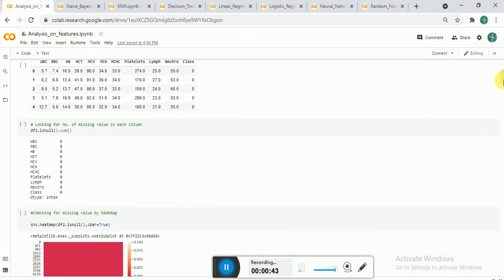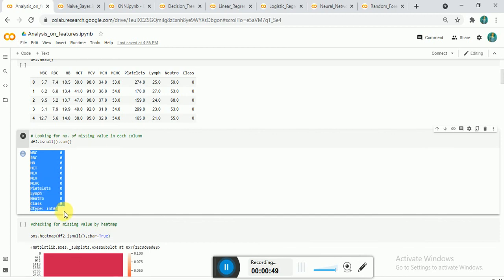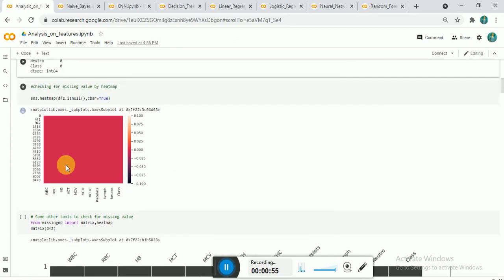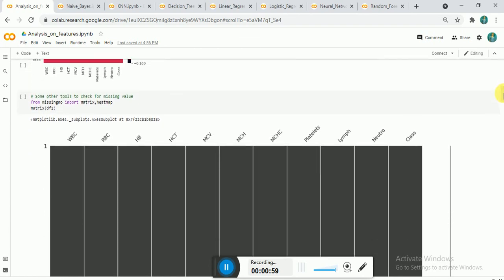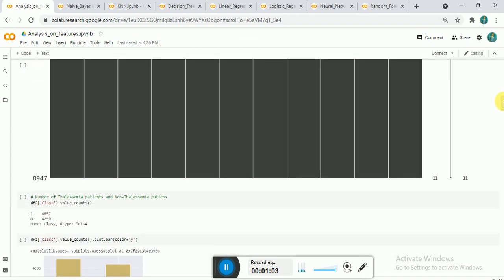Here you can see I identified the missing values in the attributes. There is no missing value, so we have identified it in the heat map and several techniques to identify the missing values.